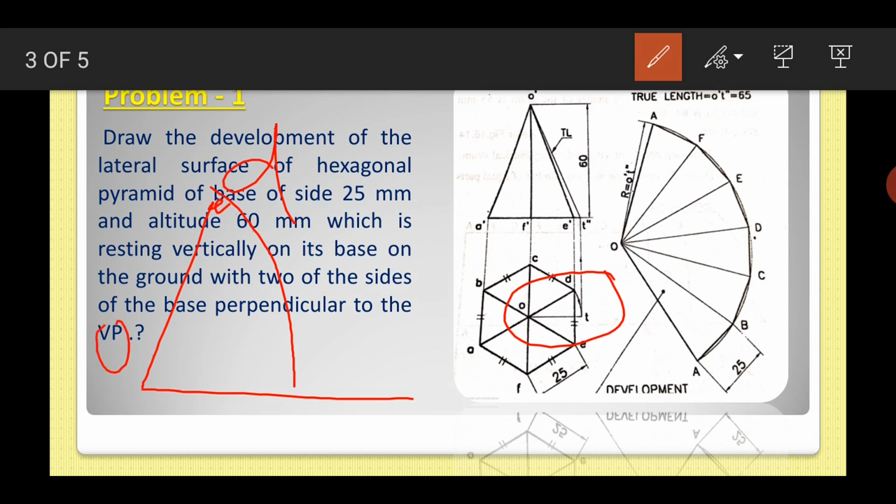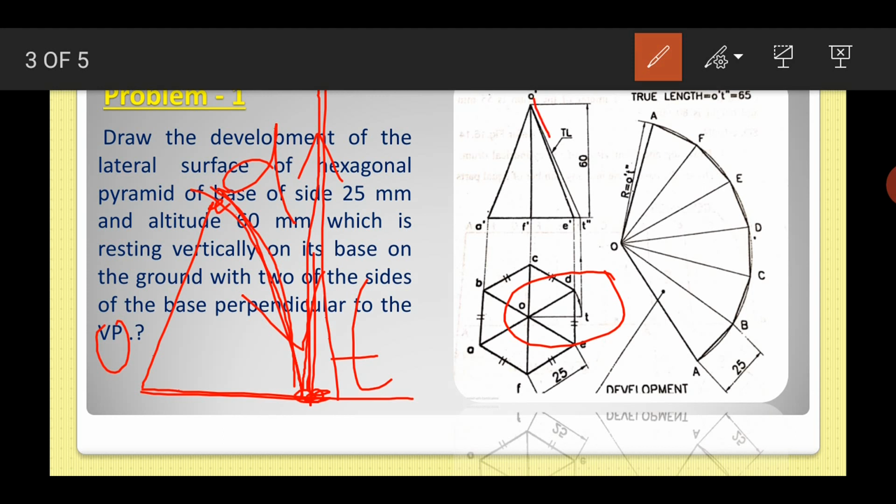Once more, from the D point you just rotate it, and you will get a point here. Name this point T. Then draw a vertical line upwards. Now you got T double dash.